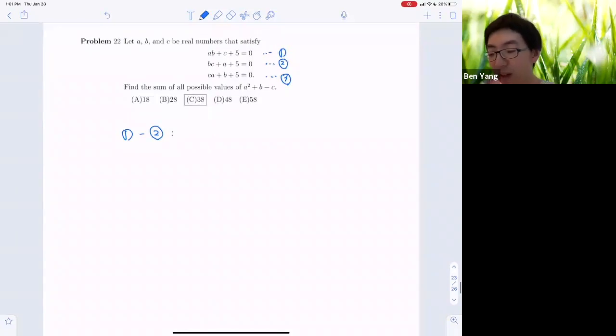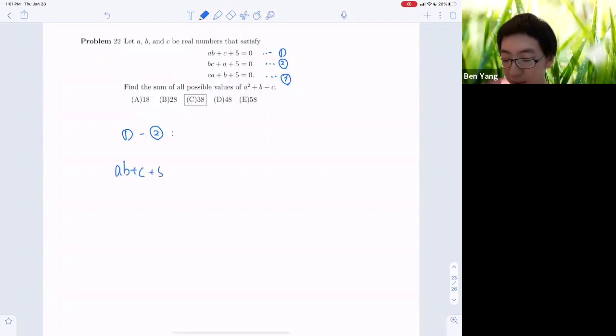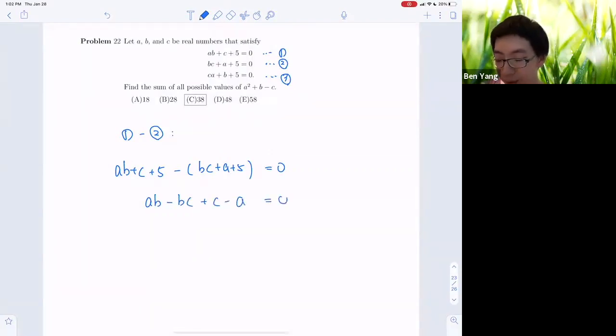So the right-hand side is, of course, 0, and the left-hand side is AB plus C plus 5, minus BC plus A plus 5. So we have AB minus BC plus C minus A, that's equal to 0.